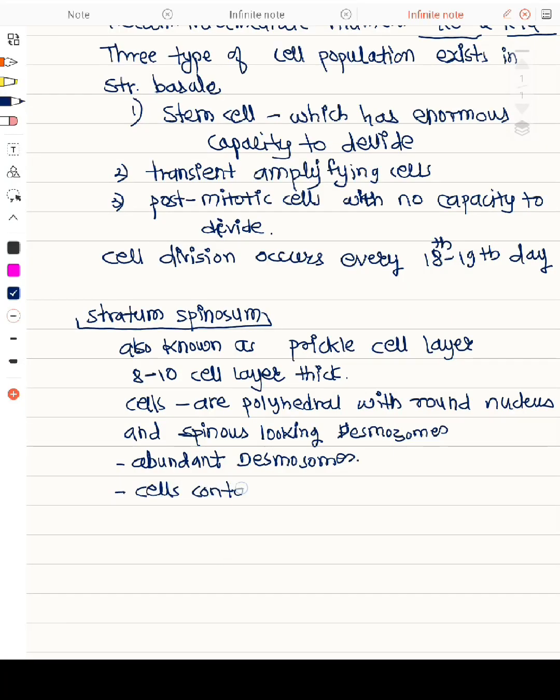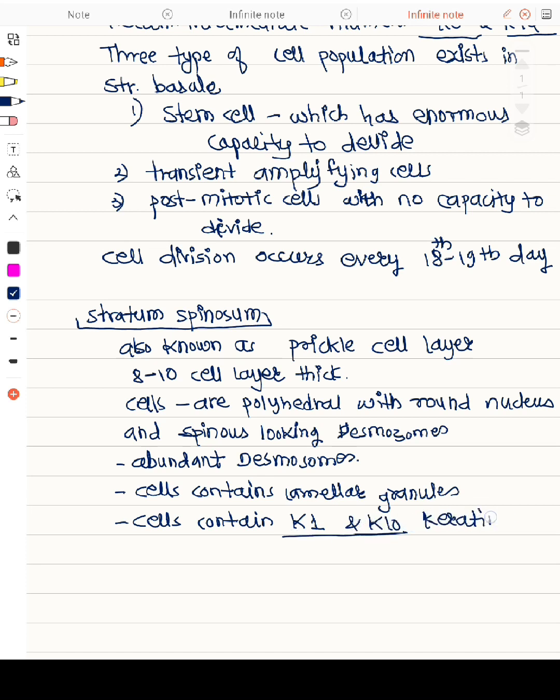Cells contain lamellar granules. Cells contain K1 and K10 keratin filaments, which are inserted into the desmosomes peripherally.